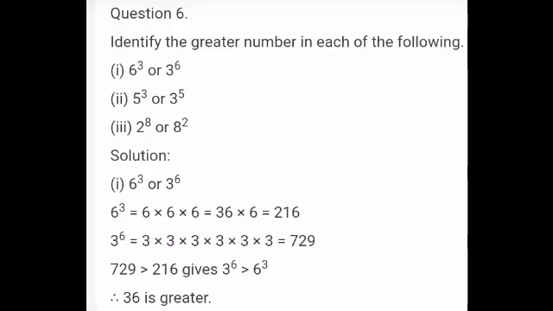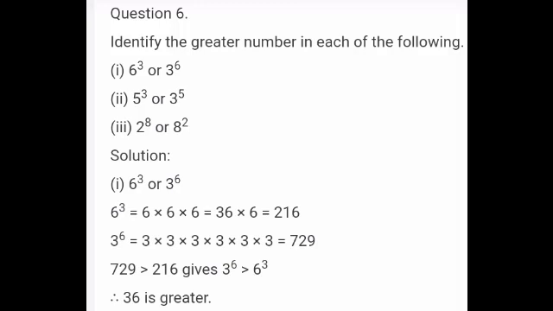Question number 8. Identify the greater number in each of the following. First question, 6 power 3 or 3 power 6. We can write 6 power 3 as 6 into 6 into 6 equal to 216. 3 power 6 equal to 3 into 3 into 3 into 3 into 3 into 3.